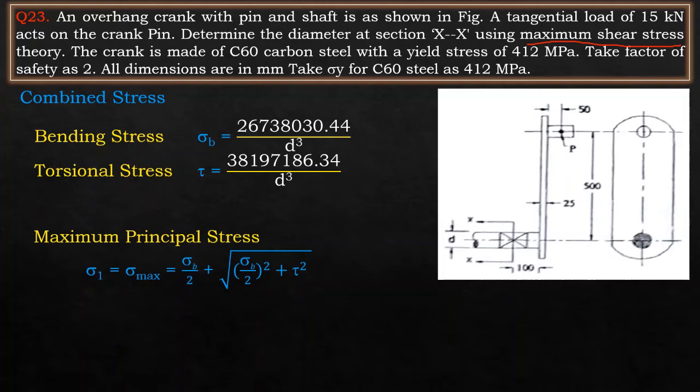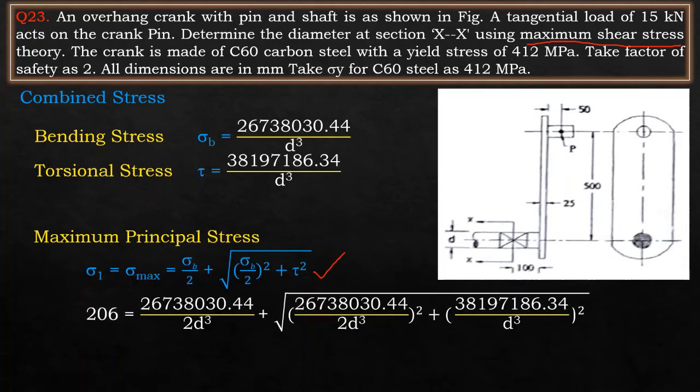We'll be using the following equation. Sigma maximum is equal to sigma b by 2 plus the square root of (sigma b by 2) whole square plus tau square, where sigma b is nothing but the bending stress and tau is the torsional stress.